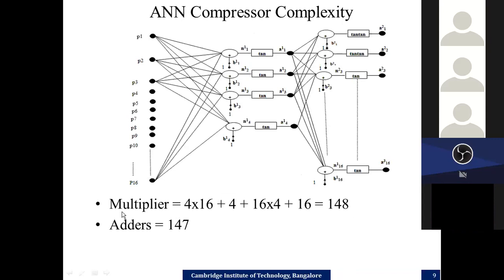In total, the number of multipliers required for implementing a compressor 16 for 16 is 148, and obviously the number of adders will be 147. So this is the complexity of the network architecture that we have selected, and here we are talking about compressing 16 inputs to 4 outputs and decompressing it back to 16.